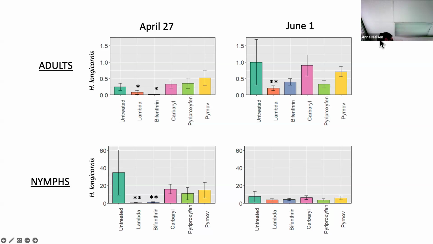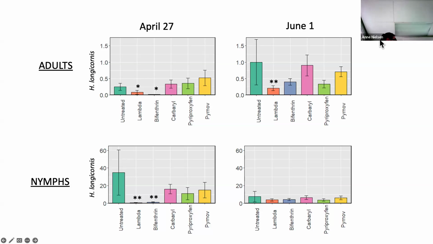So when we look into adults and nymphs, April and June, in areas that were treated by these different products, we saw that with lambda-cyhalothrin and bifenthrin, there was a lower number of adults and nymphs early in the spring, but that tended to disappear and homogenize later in June.